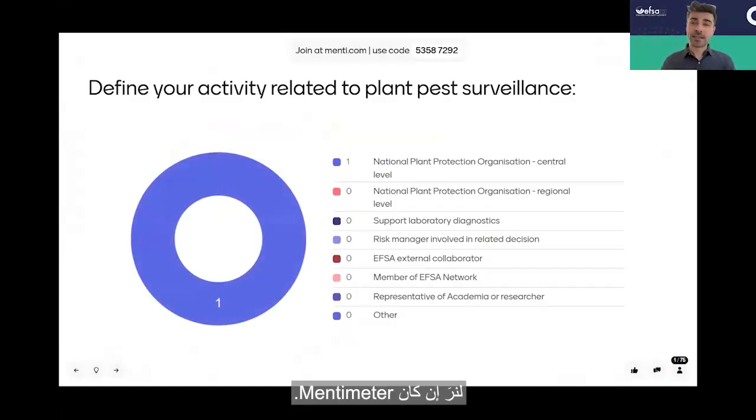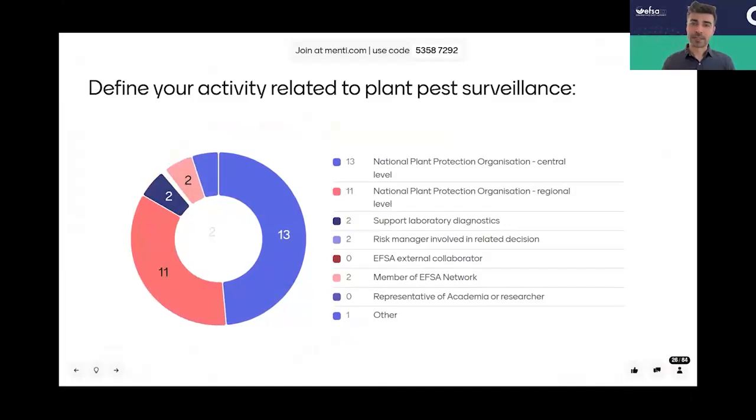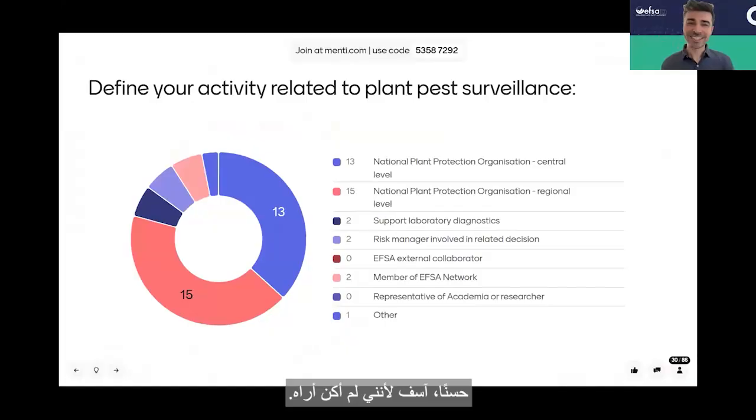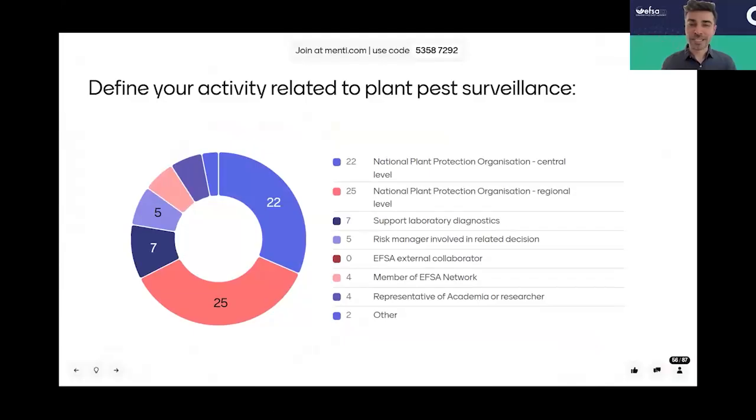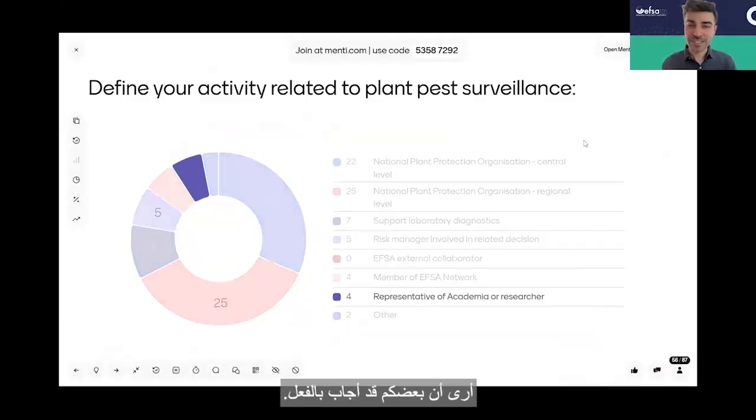Let's see if the Mentimeter... Okay, sorry, I wasn't seeing it. As you see there, you have to answer which background you come from. I see some of you are already answering.